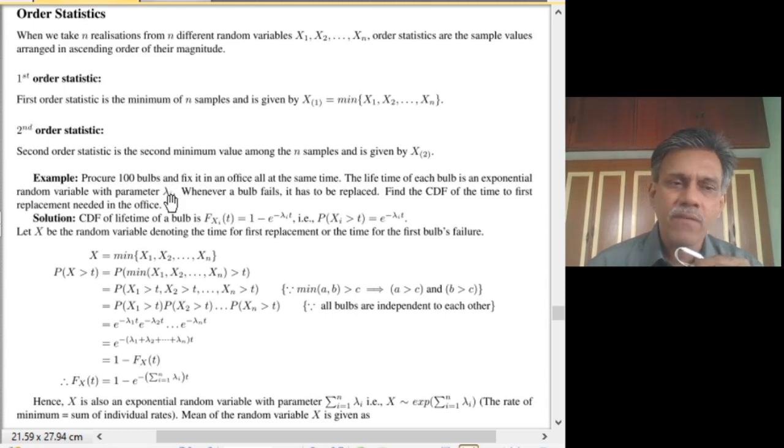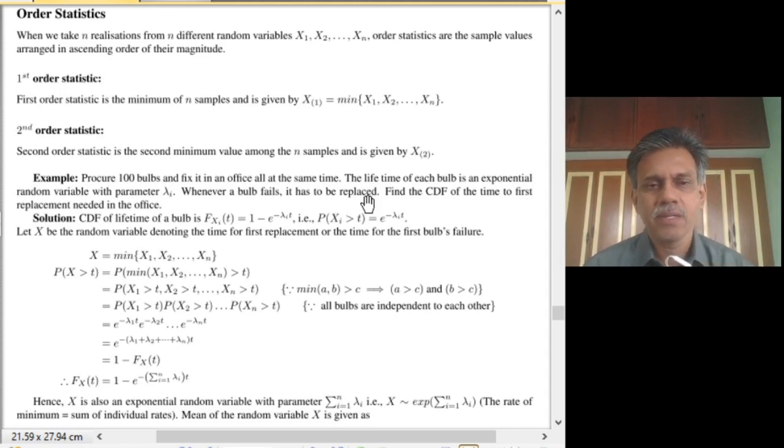Having fixed them, we would be interested in the time at which the first bulb happens to fail among the 100 bulbs. That time will obviously be the minimum of the realizations of the lifetimes of the 100 bulbs. This is the time at which the first replacement needs to be done. That is why we would be interested in this quantity.